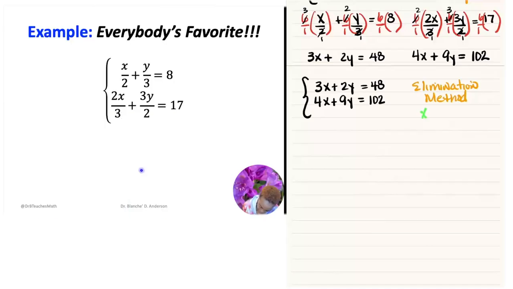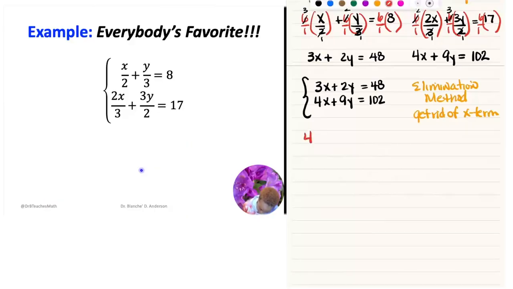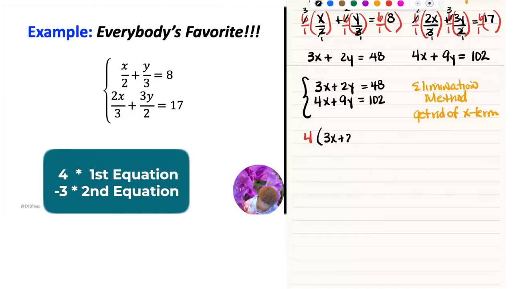Okay, so what I can do is find a common multiple: 3, 6, 9, 12, 4, 3, 12. So I'm going to take 4 times this top equation, okay? And that's going to be 4 times 48.